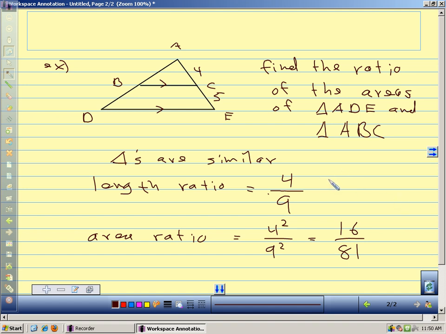Perimeter is a length, right? So the length ratio is going to be the same, no matter what length we're talking about. So the ratio of the perimeters would also be 4 over 9. The ratio of the altitudes would be 4 over 9. The ratio of the medians would be 4 over 9. Any ratio of lengths between the big triangle and the small triangle would be 4 over 9. When we move to a different measurement, the area, then we have to square it.